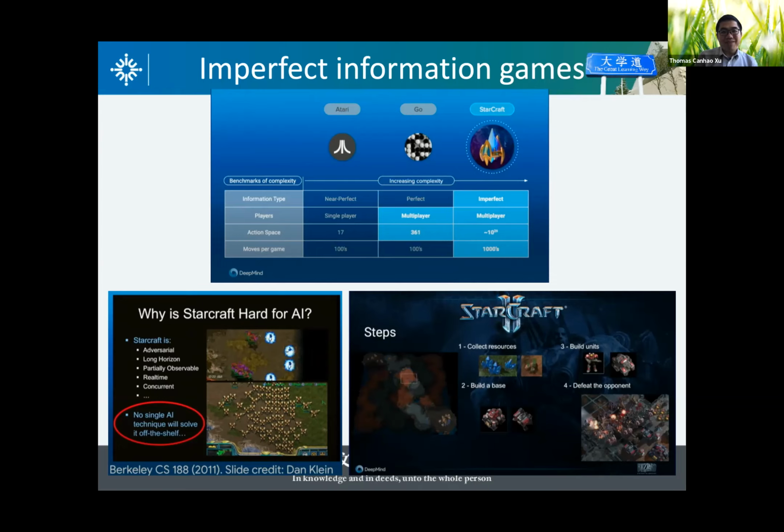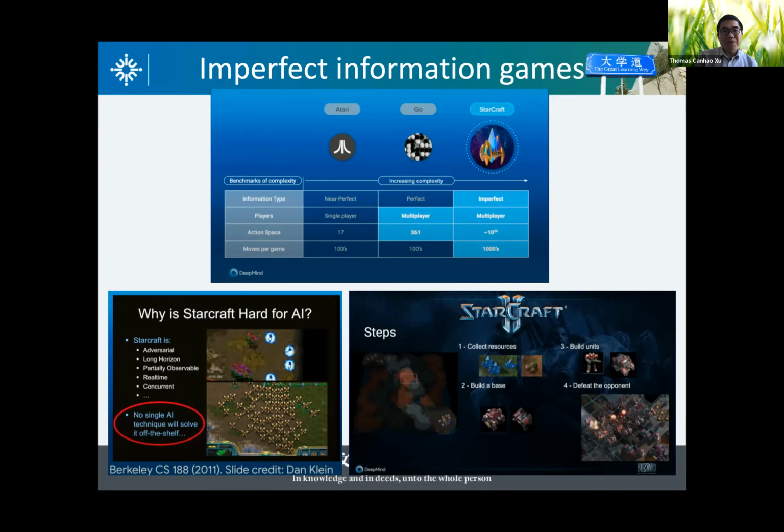You don't know a lot of things. You only know things you did. But for the things your opponent did, you don't know. So this is an imperfect information game. And of course, it's real time, so it's more complicated than Go.